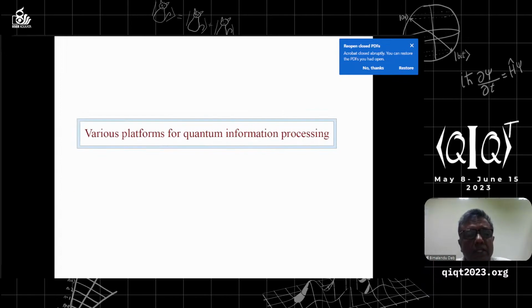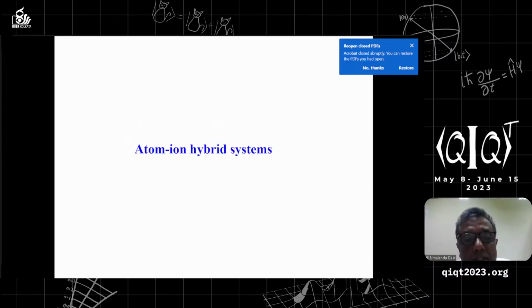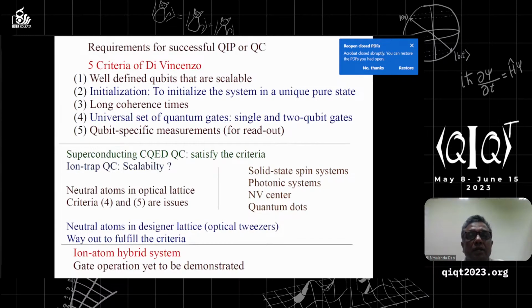So we can think of various platforms for quantum information processing. Before we talk about various quantum platforms for interesting quantum tasks, let me remind us about these five criteria of DiVincenzo, which are very well known.